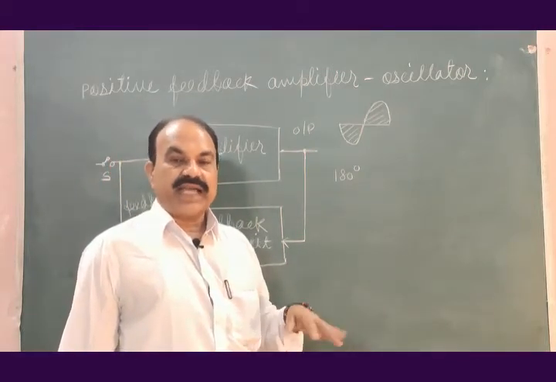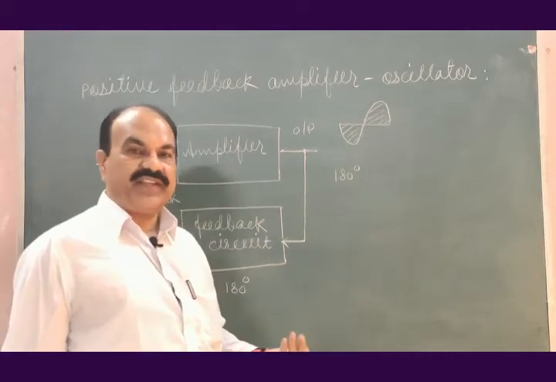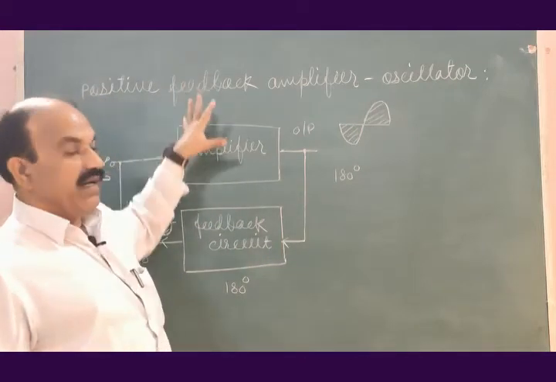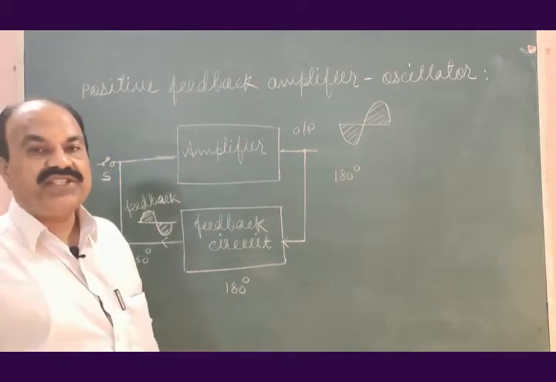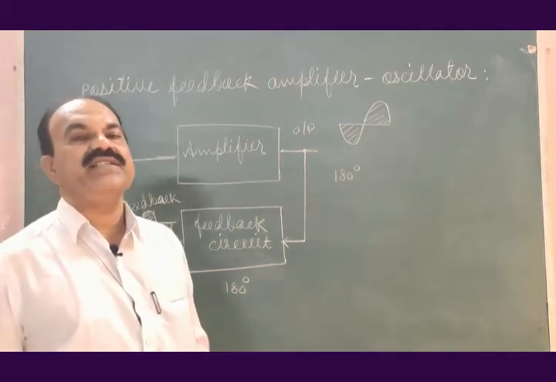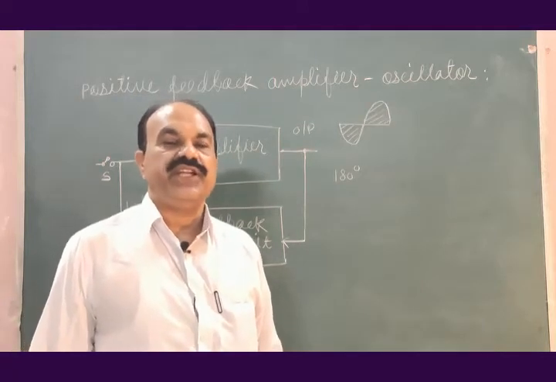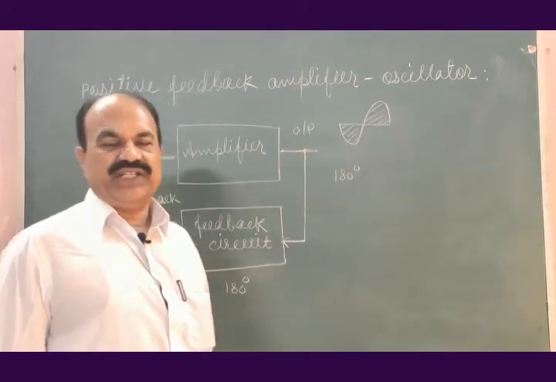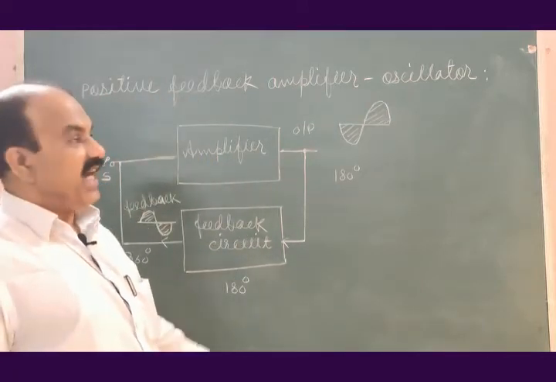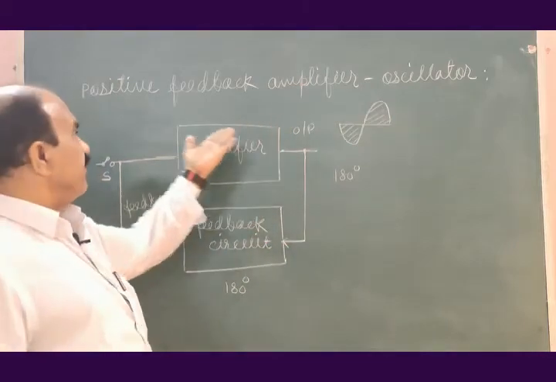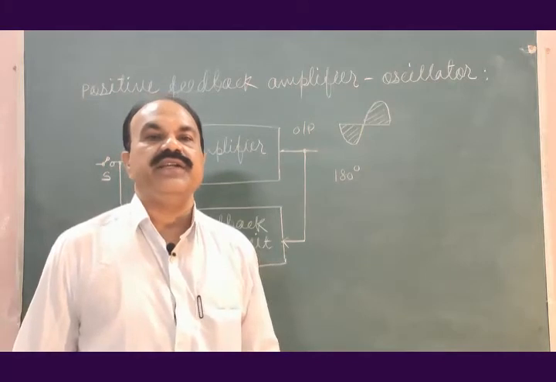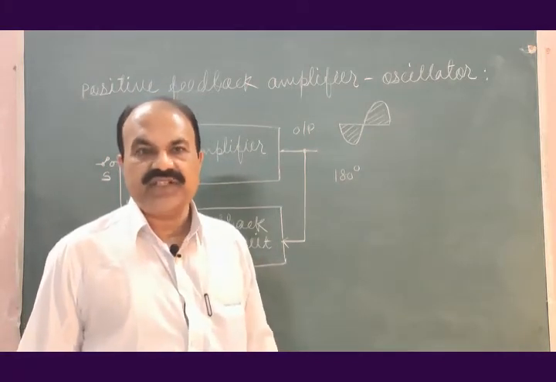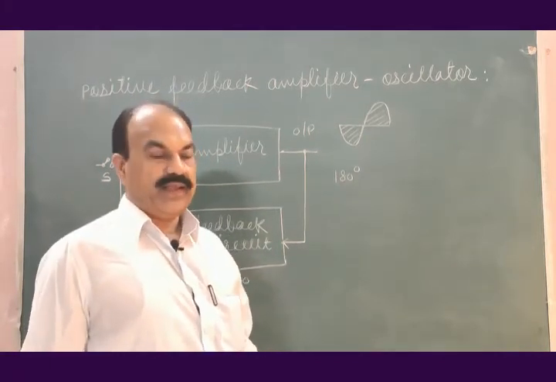So, sinusoidal oscillations of desired frequency are produced by this circuit, and therefore this circuit is known as an oscillator circuit or simply oscillator. And how can we obtain an oscillator? A positive feedback amplifier is always an oscillator.